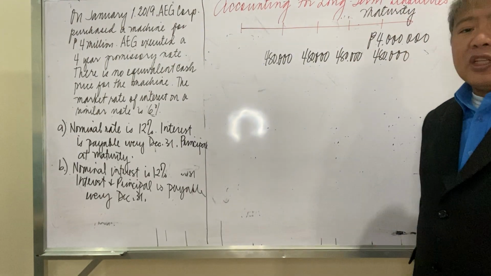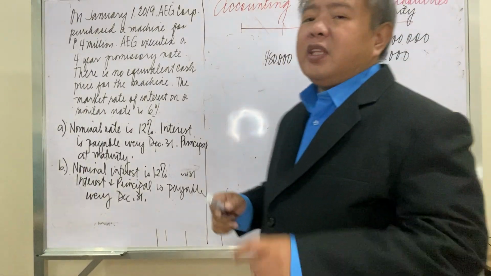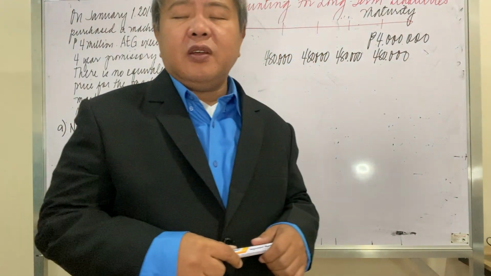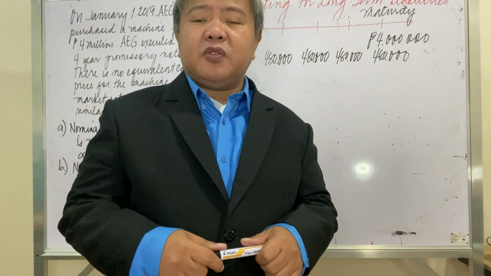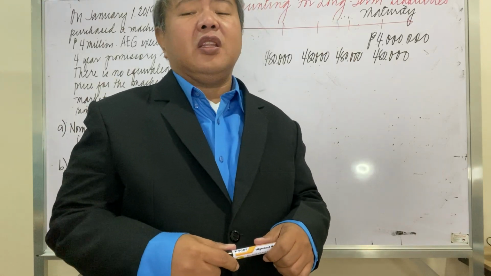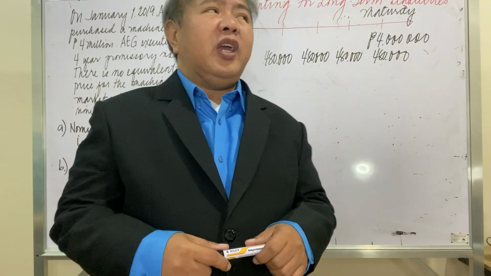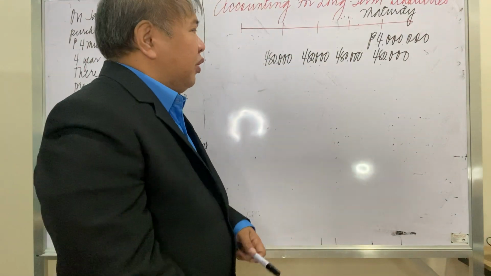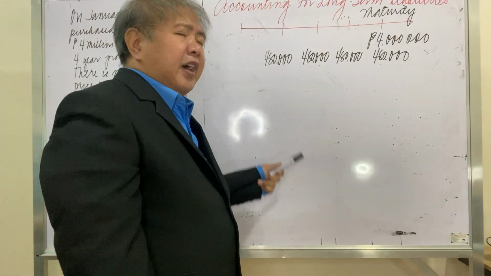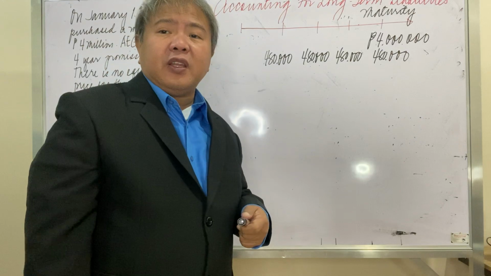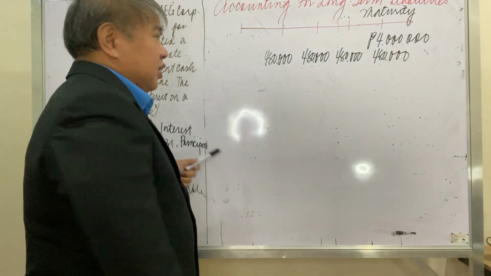If you notice, in our timeline we have 5 figures. One is the 4 million payable at maturity, and the other 4 represent the interest for each year until the maturity date. So what are we going to do? We have to discount all of these values using the effective interest rate, which is 6%.